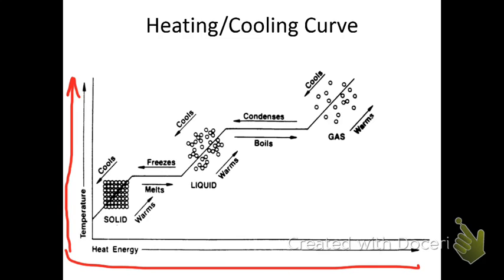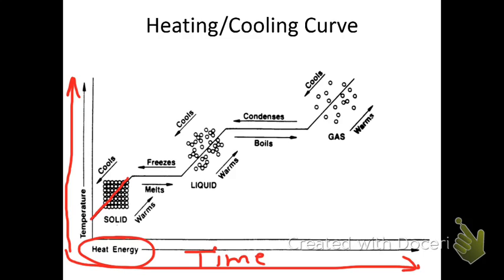This axis can be increasing heat energy, but if you keep heat energy at the same level, then this can literally be time, and you'll be adding more and more heat to the system over time. So that's what I would do. And all this basically shows, what I like about this graph, is that it shows the different parts. And so when you're right here, I'm going to draw a red line over it.